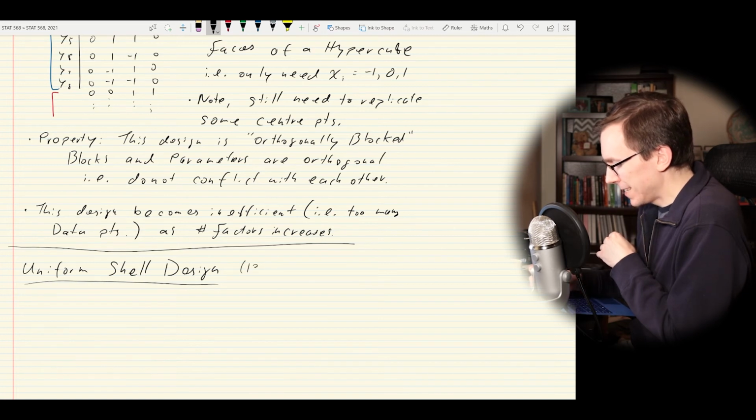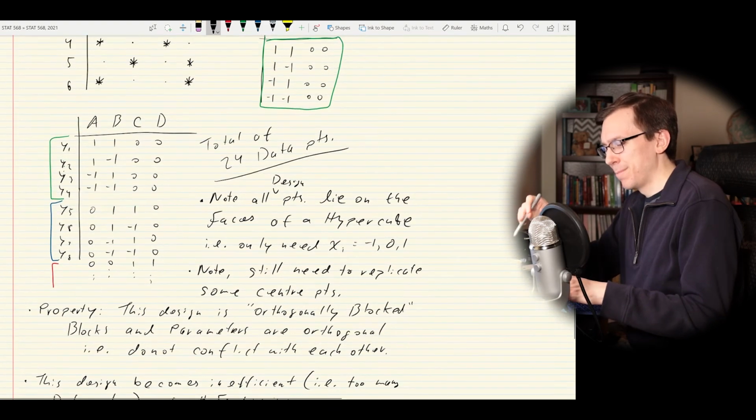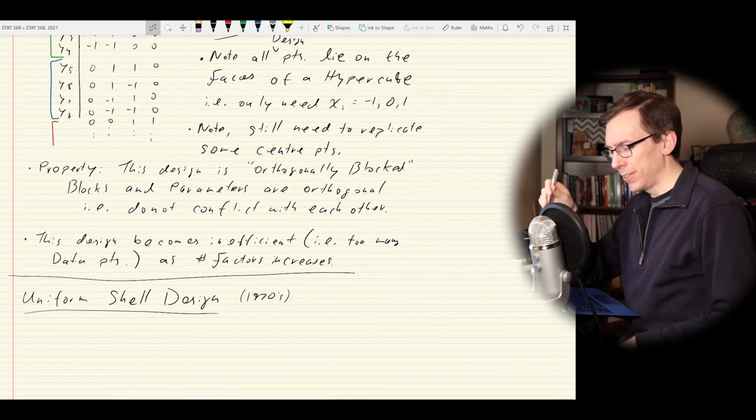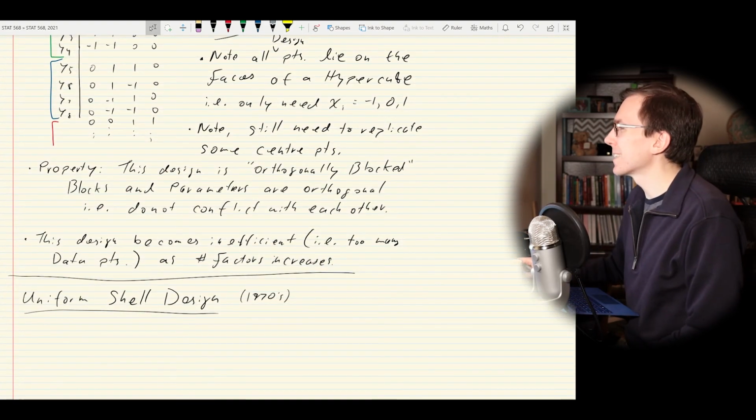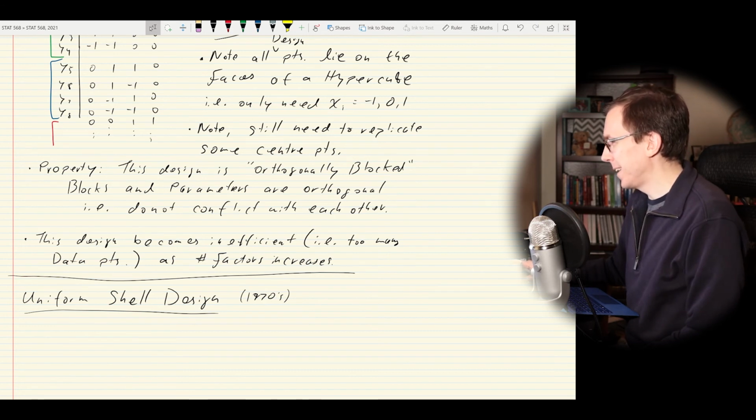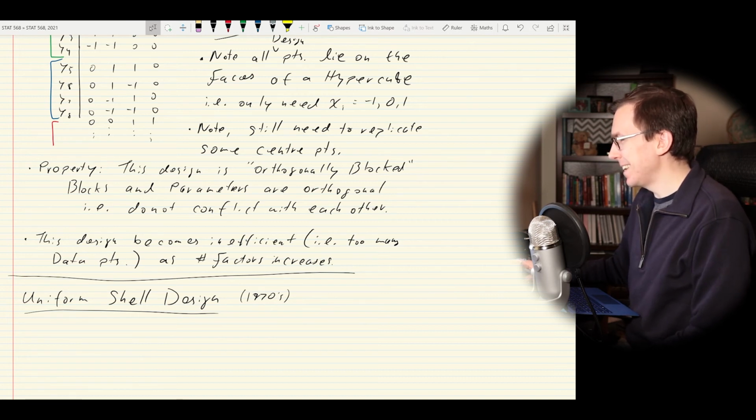And this was from the 1970s. Yeah, a lot of these are actually quite old. I guess Box-Behnken was 60s, uniform shell design is 70s. I'm not sure if I found out when the central composite design first came about. I have it in a theorem from 1959. So yeah, a lot of these methods date to like the early second half of the 20th century.